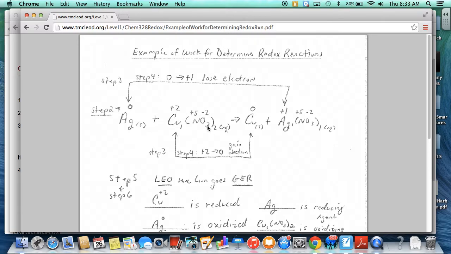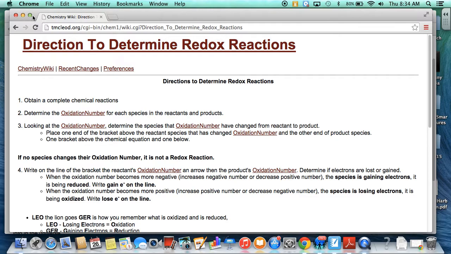So 3 times minus 2 is minus 6, plus 1x, is equal to minus 1, because the whole thing is minus 1. If you do the math, it's plus 5. That's the oxidation number of N. And over here, it's still nitrate, so the oxidation numbers are exactly the same. So now I have all the oxidation numbers, and that's why you learn oxidation numbers. Now you look at the oxidation numbers and determine if this is a redox reaction or not.